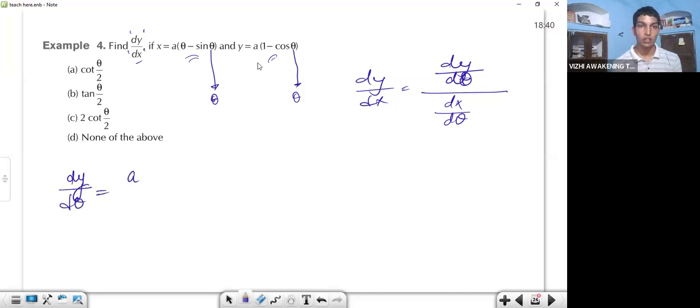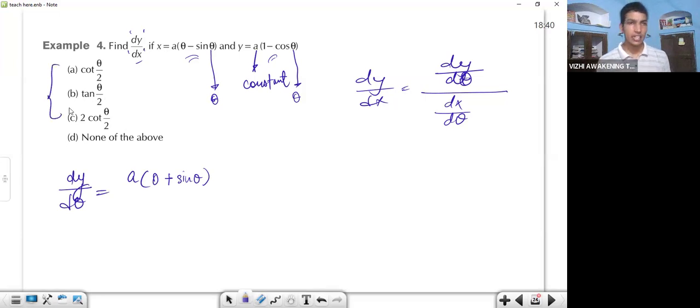So it is a into one's derivative, which is 0, minus cos theta's derivative, which is sine theta with a negative sign, which will make it positive. And what we have done here is that this a is a constant. And how do we know that theta is the parameter here? Theta is the variable in both of these functions. Why is it not a? Because from the options in the question we can get an idea that theta must be the variable.